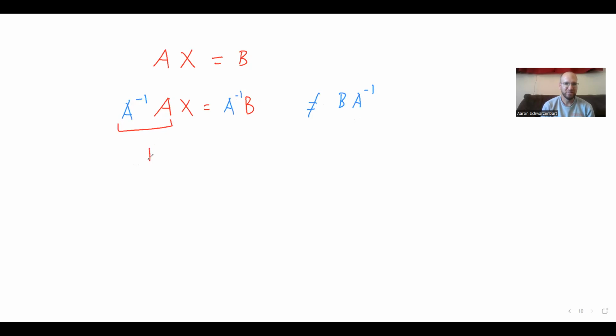These two I can group together and call the identity, because we know the inverse of a matrix times the matrix is the identity matrix. The identity times anything is just that something. So X is equal to A inverse times B.